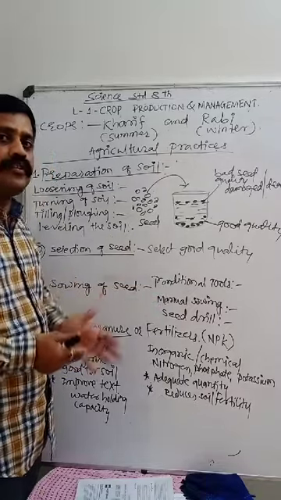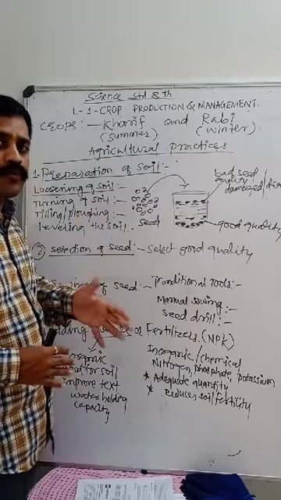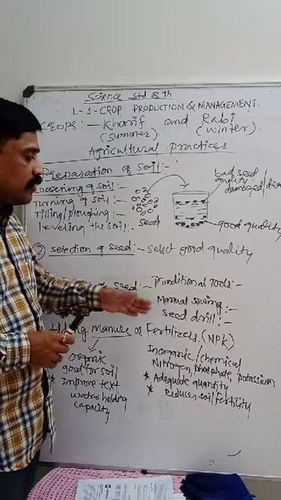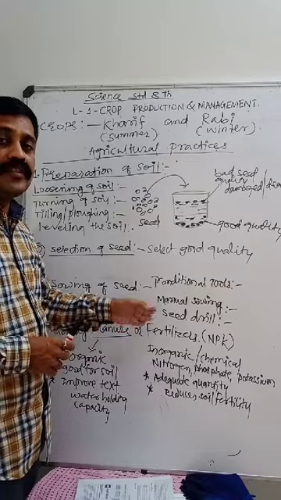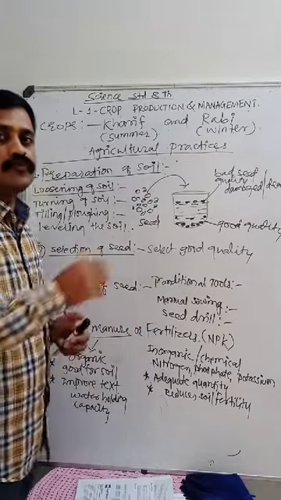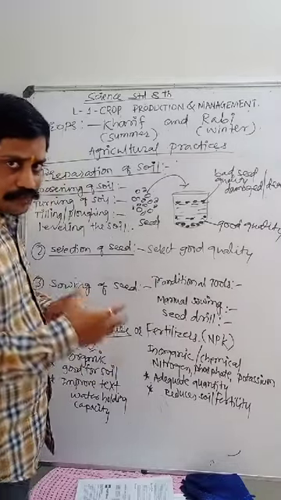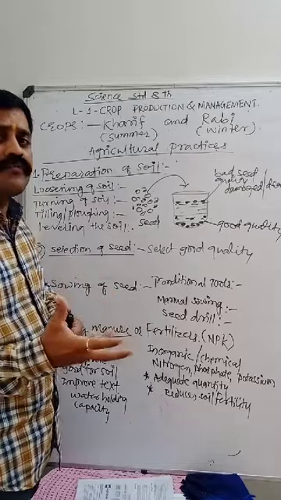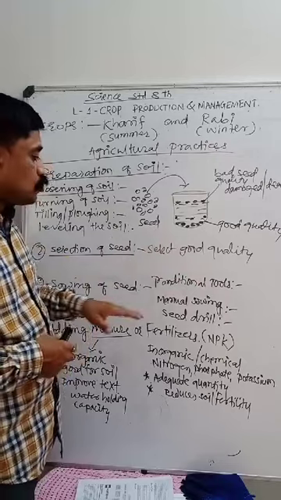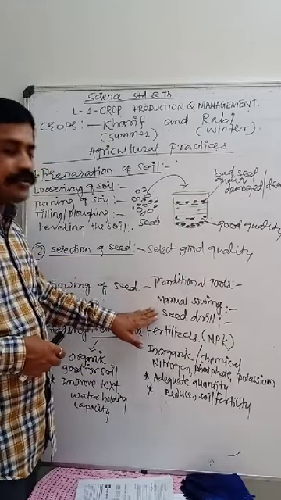If you go through my notes in our book, you will get all these pictures, the exact pictures of sowing, seed drill, and manual sowing. It depends on the farmer, whether modern or poor, rich or poor. Traditional tools, manual sowing and seed drill are all available.